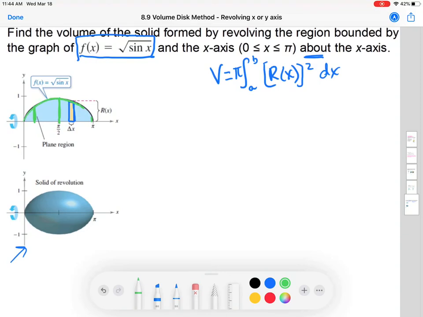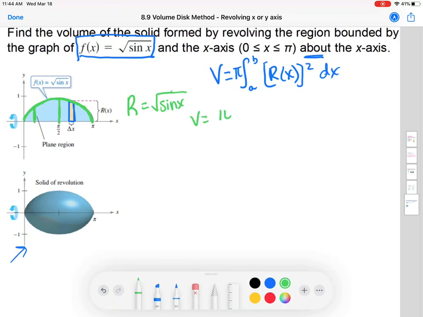And anywhere along here, wherever you draw your representative rectangle, we have this function that represents our radius. So our radius is going to be the square root of sine x. That's our function, our radius that we get to plug into our volume equation over here.